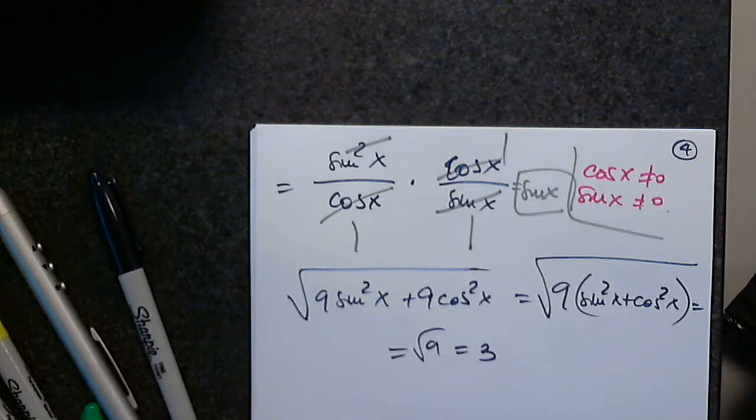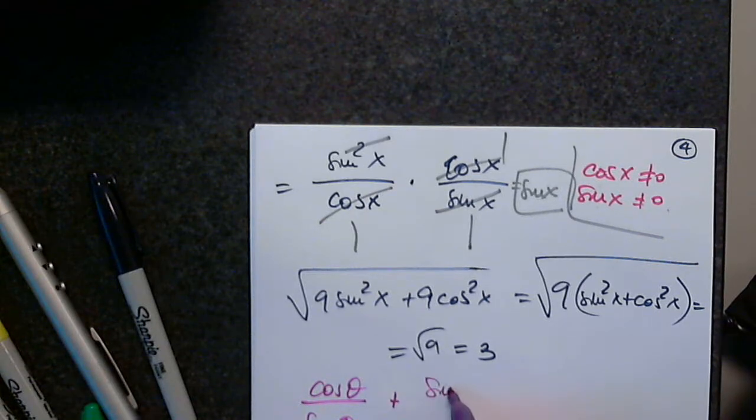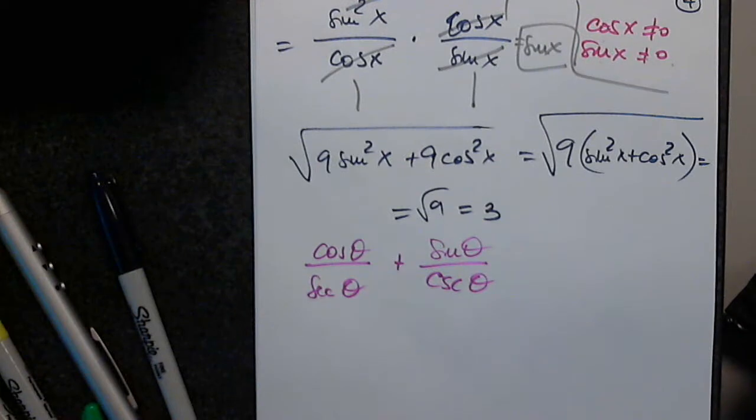So in number 9, we have cosine theta over secant theta plus sine theta over cosecant theta. And we said that we want to stay as simple as possible. Sine and cosine are very simple, but secant and cosecant are not.